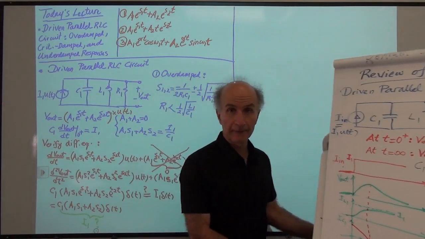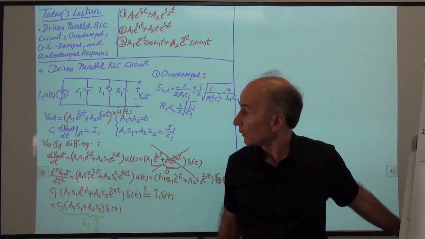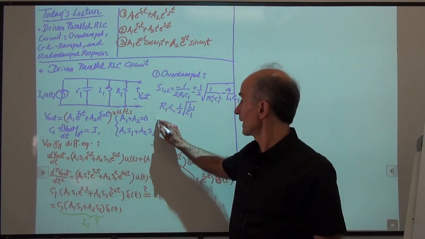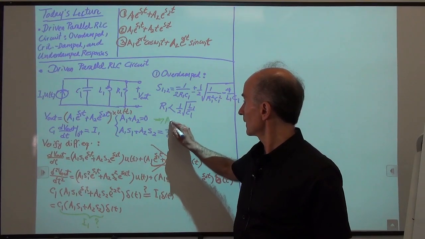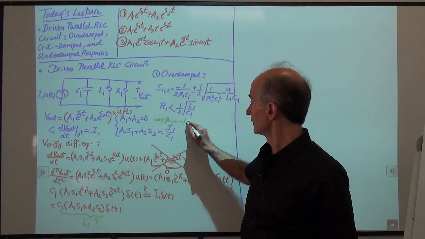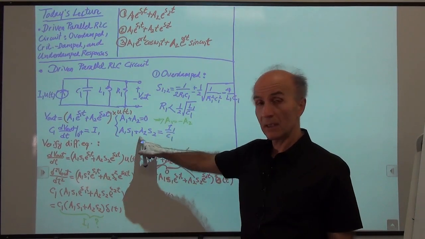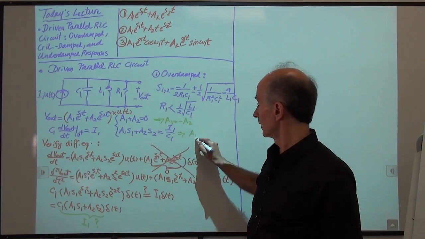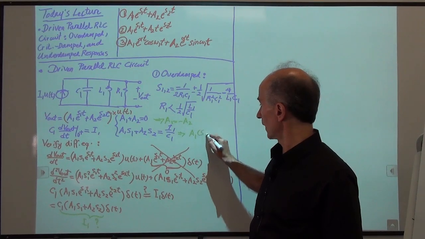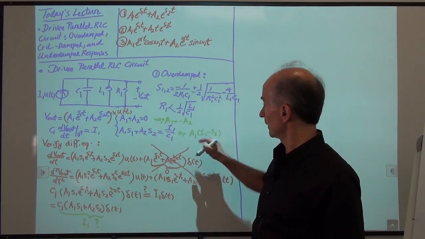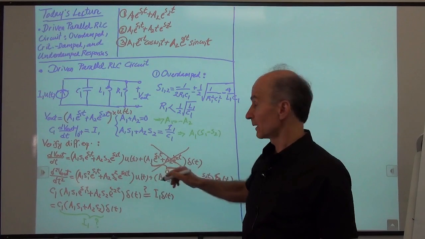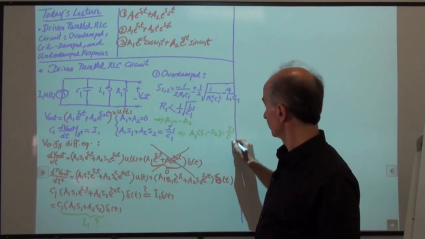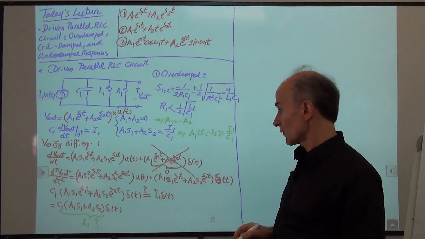Okay, so how do we do that? Well, we have to go back to these equations actually. So this equation says that A1 is equal to minus A2. And if I plug this in here, this equation says that A1 times S1 minus S2, because A2 is minus A1, right, is equal to I1 over C1.